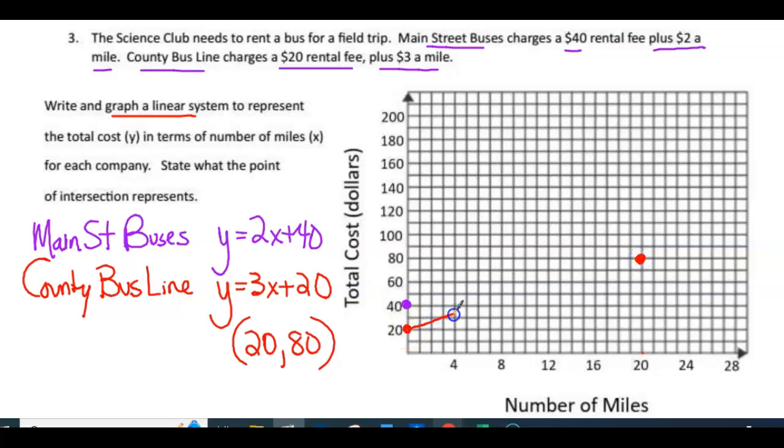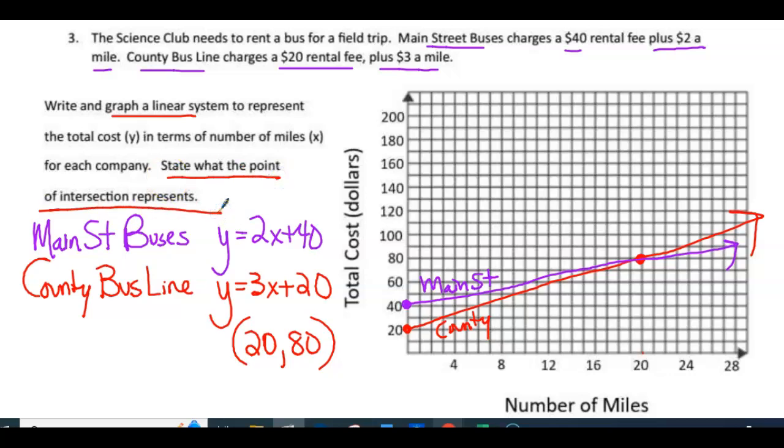20, 80 would be this red line, and again, you have a ruler, so yours is going to look a lot better than mine. I'm freehanding these. Main Street's on top here, and then county buses down here. So the question says, state what the point of intersection means.